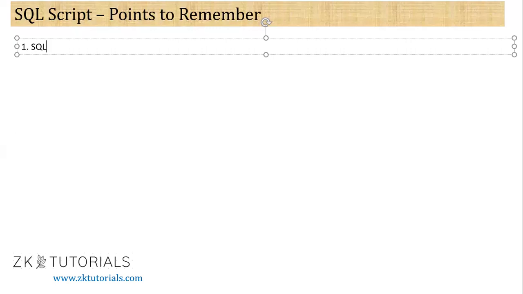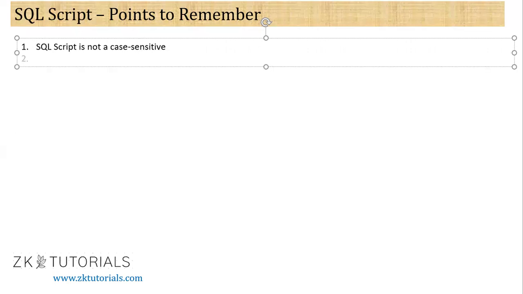So the first thing is SQL script is not case sensitive. I don't think I have to explain this to you at this point. Second thing is every statement in SQL script ends with a semicolon.